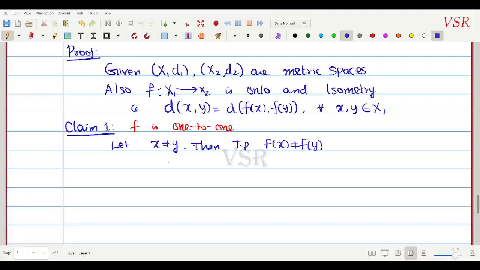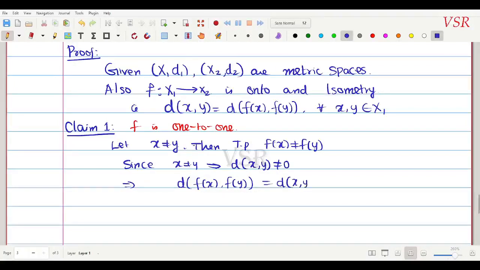So note that since x not equal to y, this would imply that distance between x, y is not equal to 0. This implies that distance between f(x), f(y) equals distance between x, y, which is not equal to 0.